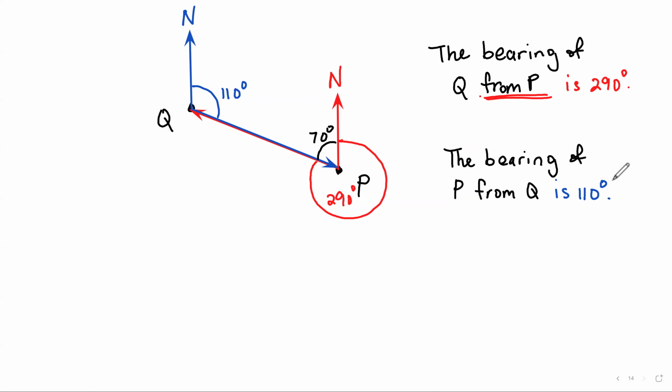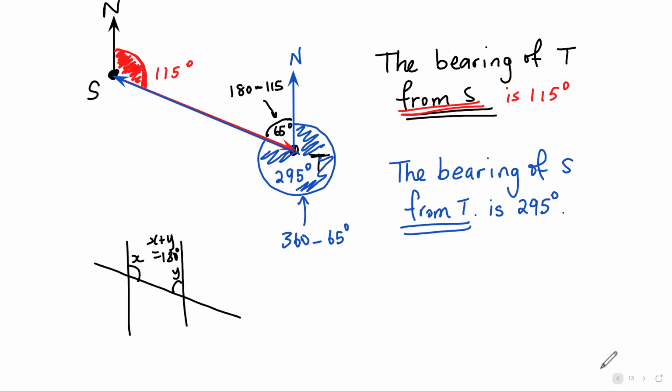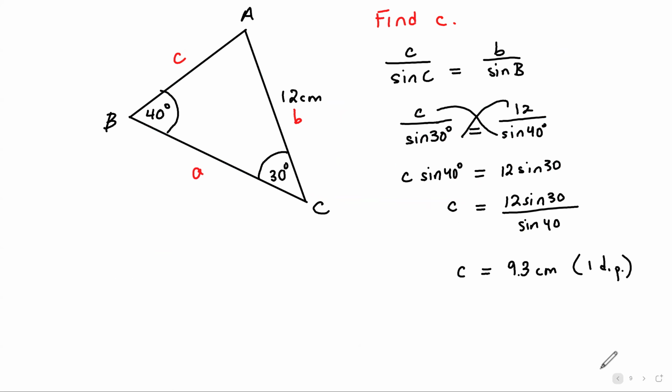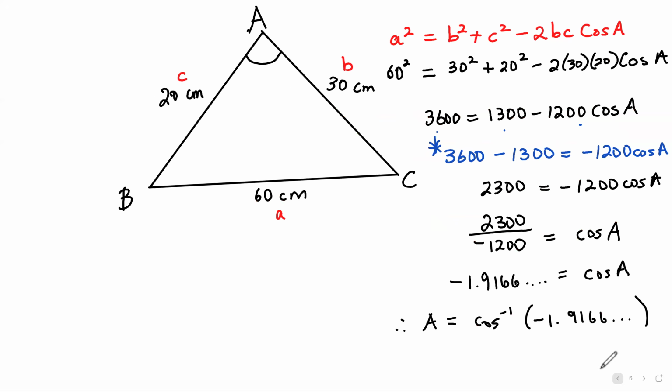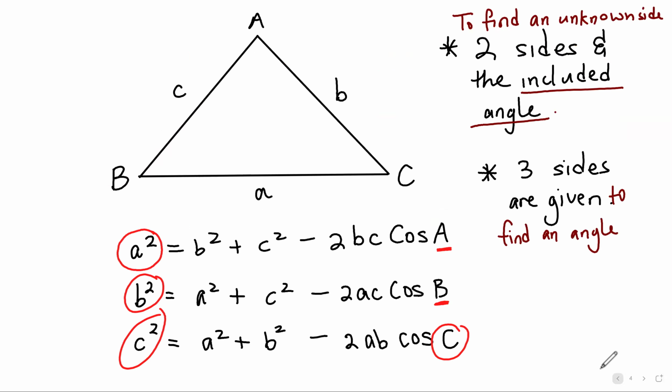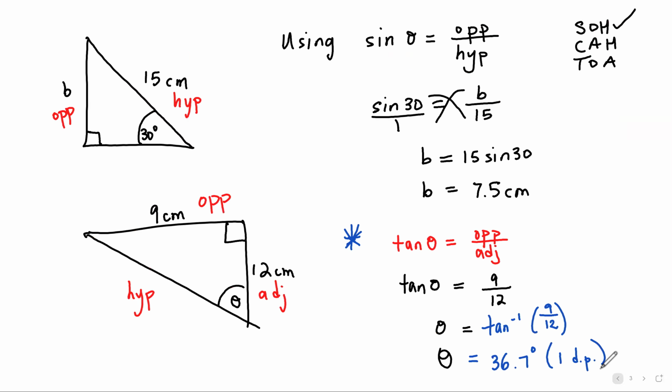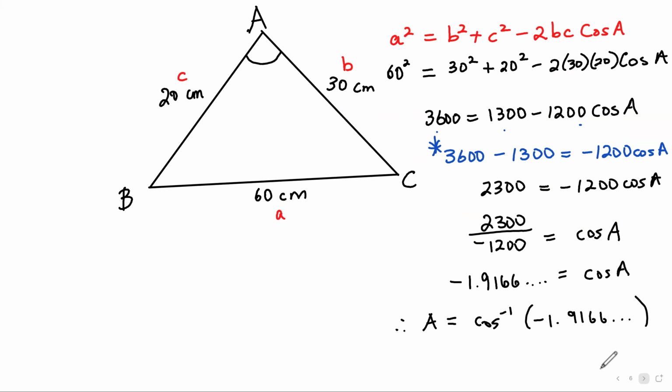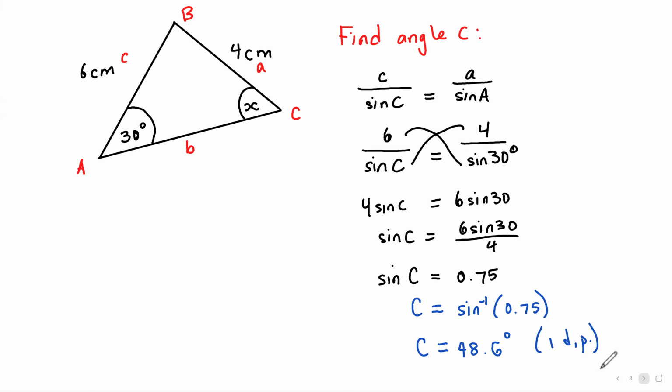All right, guys. So that is basically everything that you need to know for the trig question. There's one more thing, actually, sorry, which is the area formula. The area formula is given to you in your list of formulae. The area of a general triangle is base times height divided by 2.